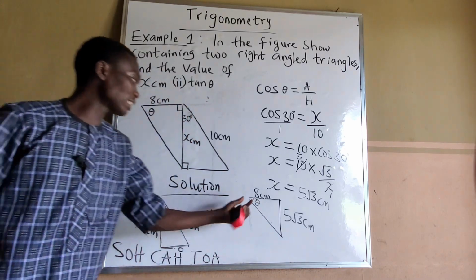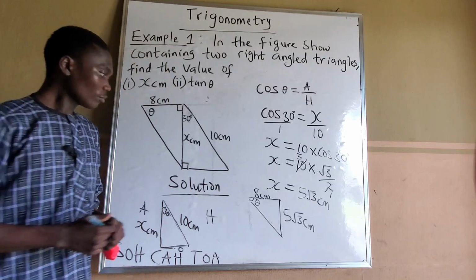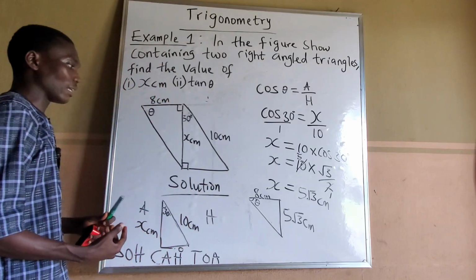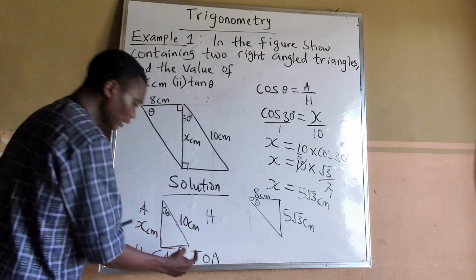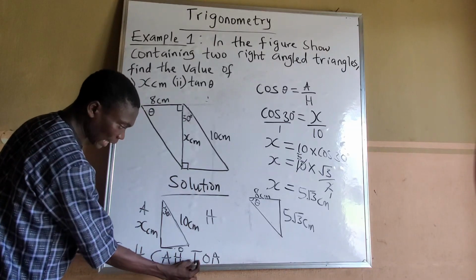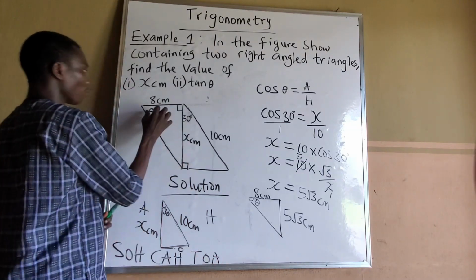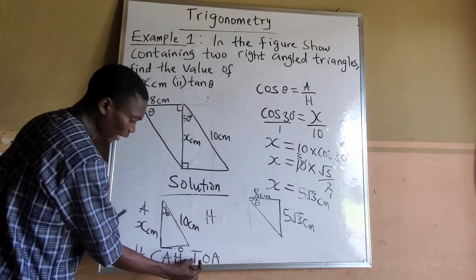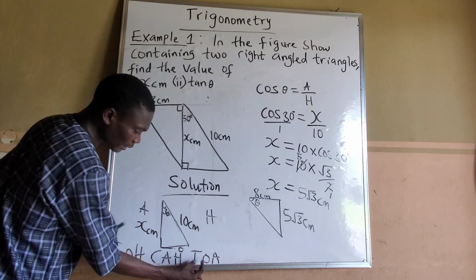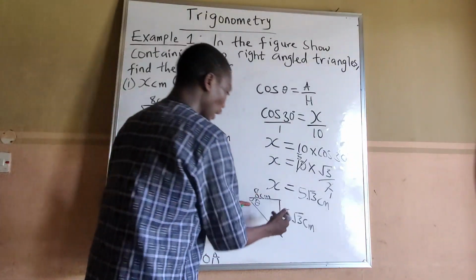Then we are calculating the tan of this theta. What they are trying to tell us is to make use of the formula that has tan here, to know the value of this theta. So what is that formula that has tan here?